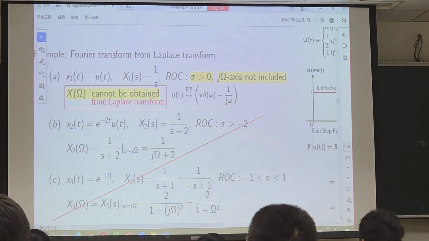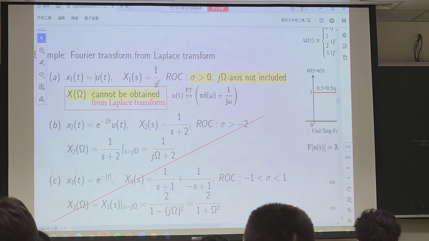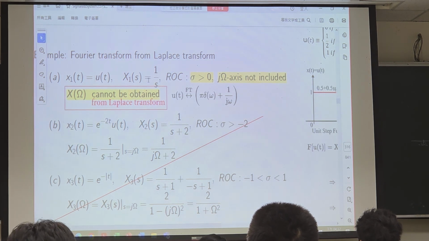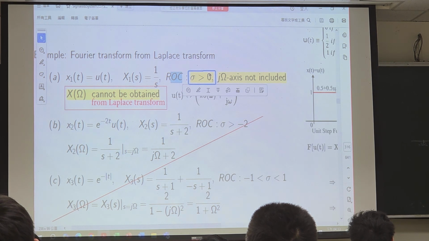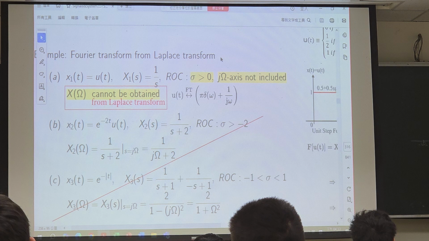If we derive the Laplace transform of the unit step function, we know it is equal to 1 over s, right? 1 over s is the Laplace transform of the unit step function. However, this 1 over s actually comes with a condition. The region of convergence is this one: the real part of s.